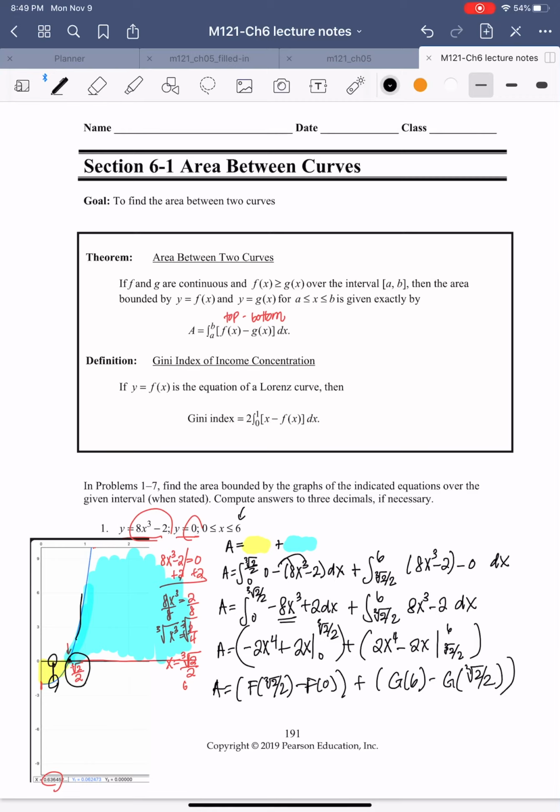And then we are going to sum that up. So let's plug in those numbers. After plugging in, it's going to look like 2 times cube root of 2 over 2 to the fourth power, minus 2 times cube root of 2 over 2.